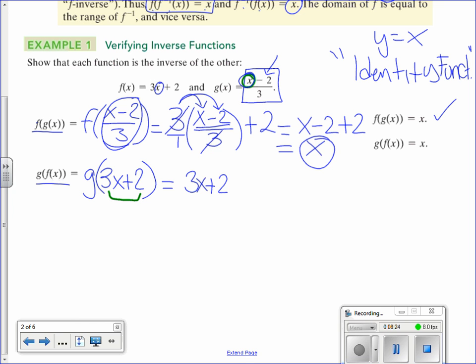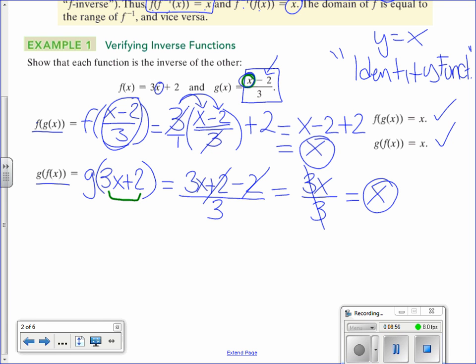We still have a minus 2 over 3. So after that, you can tell that 2 and minus 2 are opposites of each other, so they equal to 0. We are left with 3x over 3, and 3 divided by 3 is equal to 1, so you may say they cancel, and the final answer is x. So the second condition was satisfied.